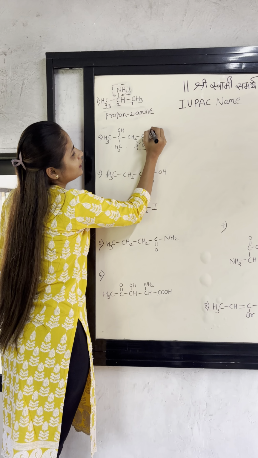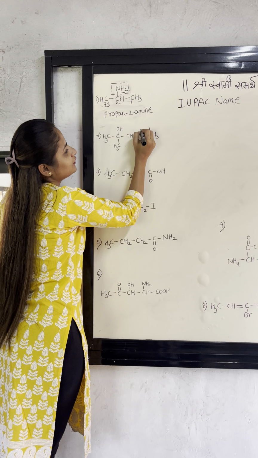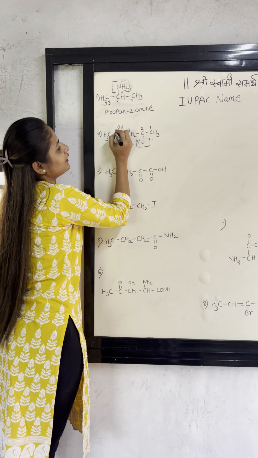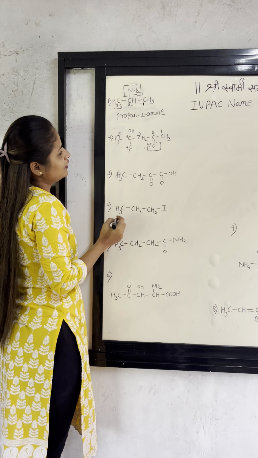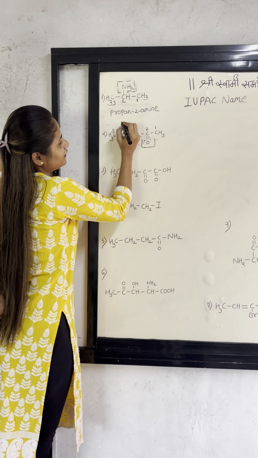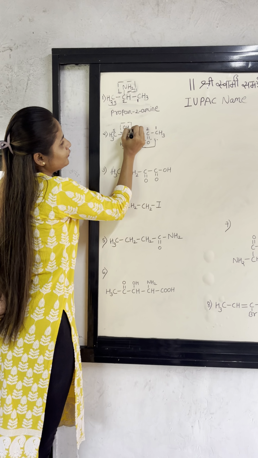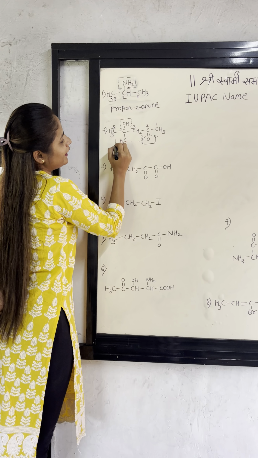So we label the carbon chain 1, 2, 3, 4 and 5. First you write the OH group and the methyl group. Between these two groups, we write them according to alphabetical order.